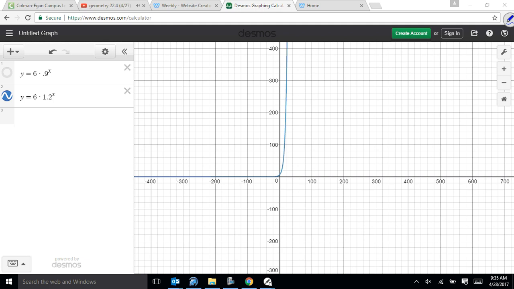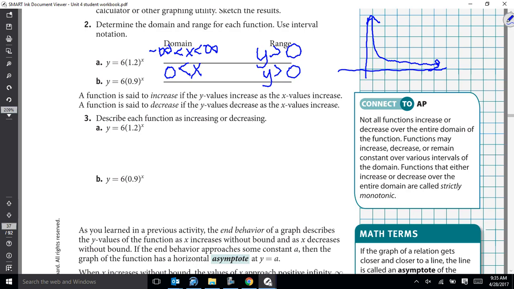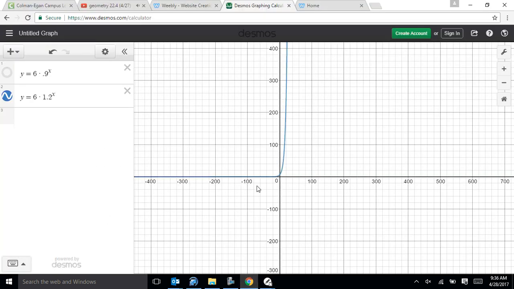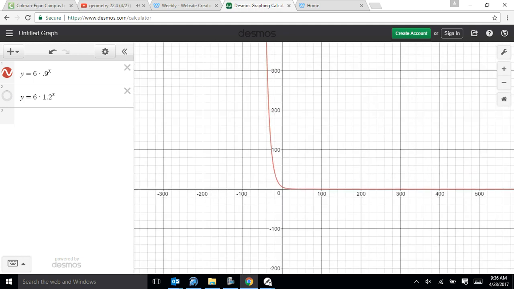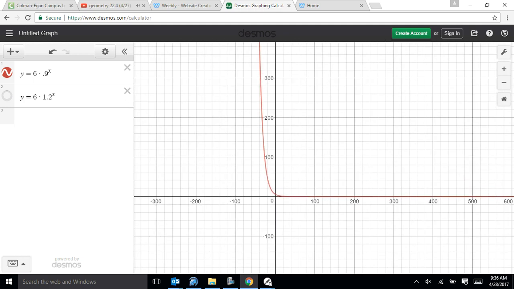Is this increasing or decreasing? It's increasing. And then what about our other function? Are we paying attention? Yeah. And then this one. Is this one increasing or decreasing?